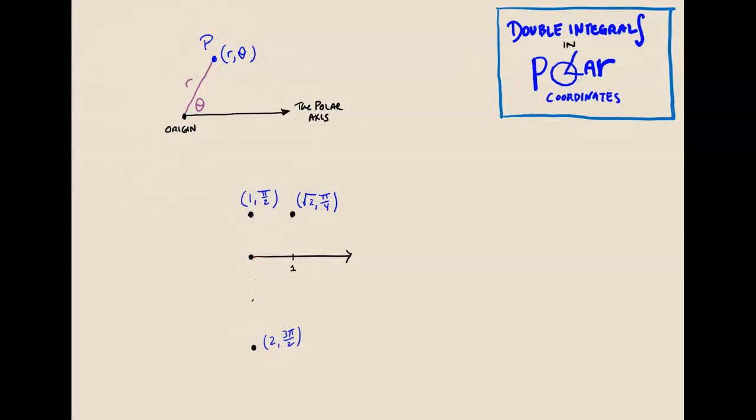Well, you get the idea, but you may have noticed an ambiguity about the second coordinate. For example, in this last point we looked at, sure, we could describe it as (2, 3pi/2), but couldn't we also describe it as (2, -pi/2)? We should be able to reach that point by rotating pi/2 in the clockwise direction. Is that considered legitimate?